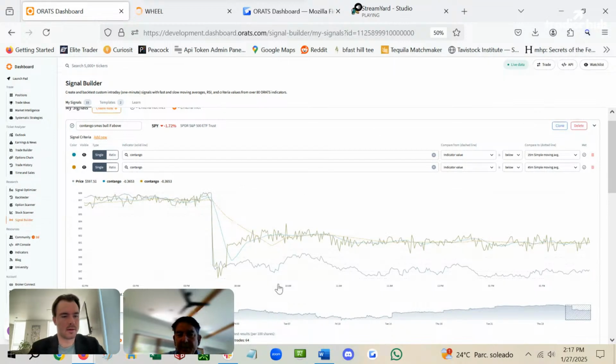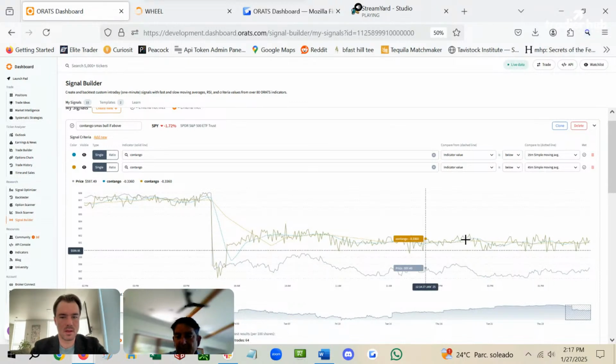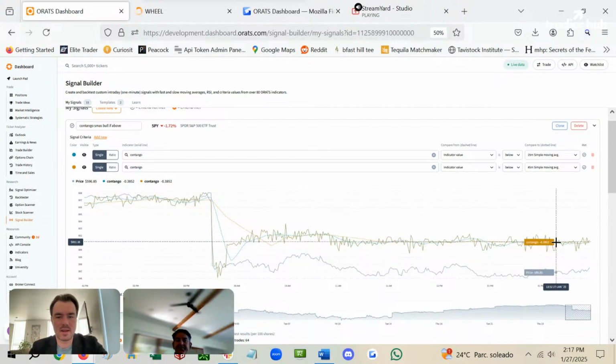So you could monitor this throughout the day, and the idea being when it meets that criteria, and when you get that signal, then you head over to the option scanner, you run that double calendar, and then you place the trade.